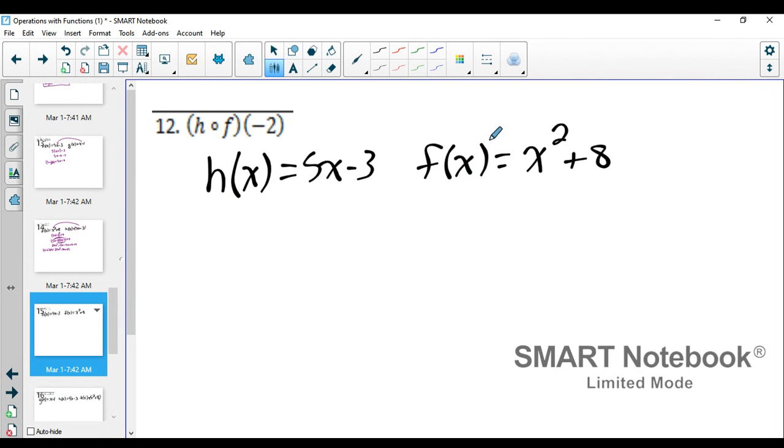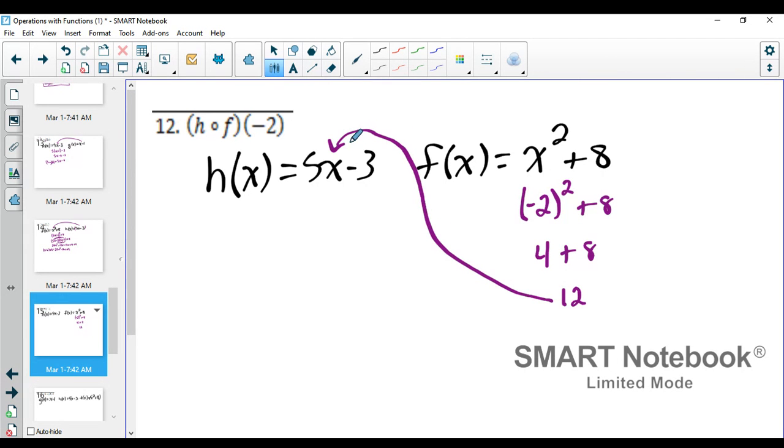Now we're going to take negative 2 and plug it in over here. So we have negative 2 squared plus 8. So negative 2 squared is 4. So 4 plus 8, and then 4 plus 8 is 12. Now we're taking the 12 because it's h of f of negative 2. So now we have to take this answer and plug it in to this x.